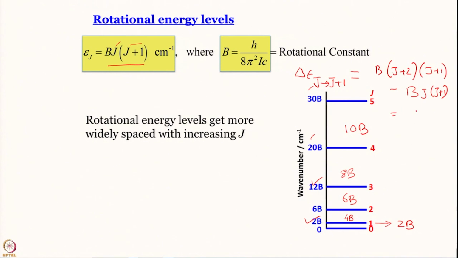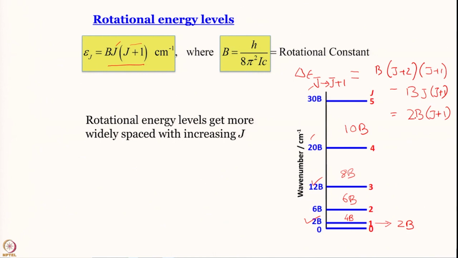So, j plus 1 is common and inside the bracket you have j plus 2 minus j. So, it is 2b into j plus 1. So, the energy gaps turn out to be 2b into j plus 1. Okay. So, energy gap keeps increasing as you go higher up the ladder in rotational energy manifold. Does it remind you of something? Reminds me of particle in a box, that is exactly what happened there also.